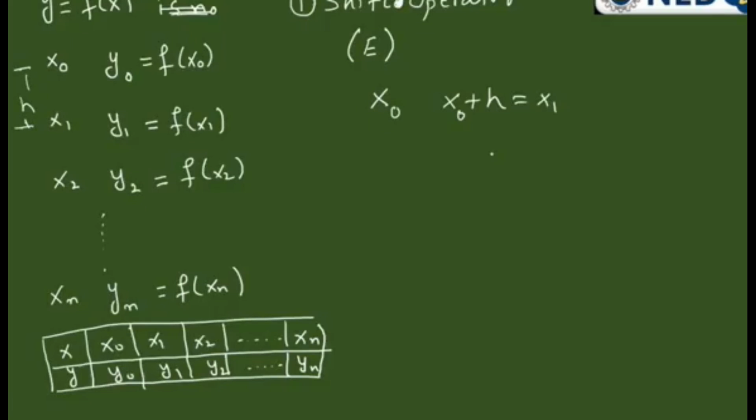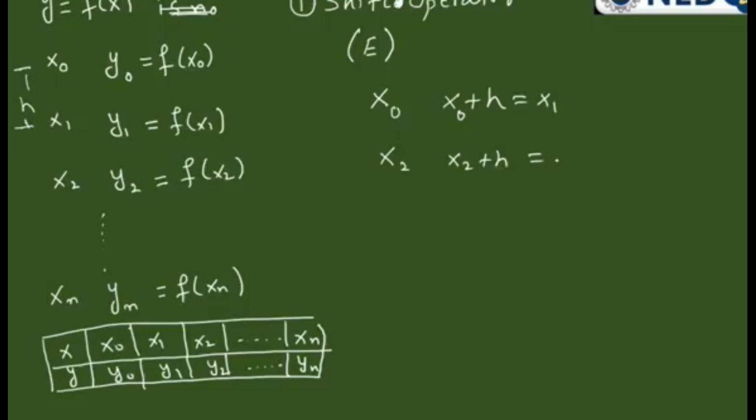Similarly, if I select randomly any point, let's say x2, the consecutive point on the right hand side is x2 plus h, that is x3, I mean. And similarly we can define other consecutive points.